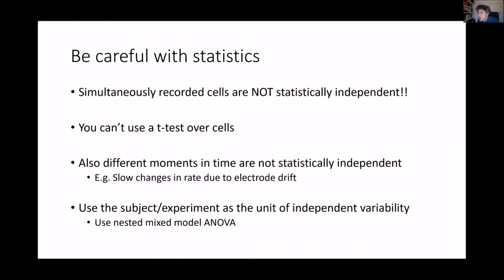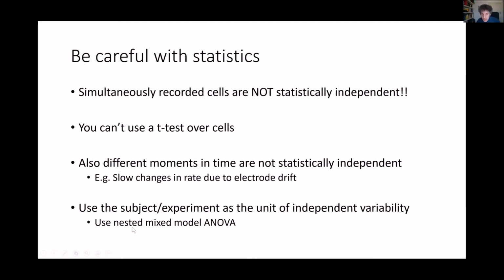Okay, so what's the solution? The easiest solution is to use the subject, the mouse, or the experiment as the unit of independent variability. This greatly lowers your power because you have many fewer of these, but it's much less likely to give you a false positive result.